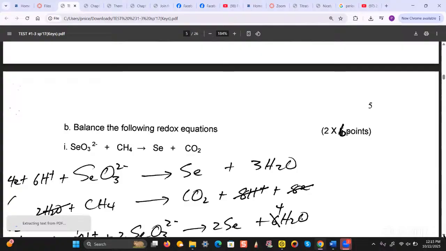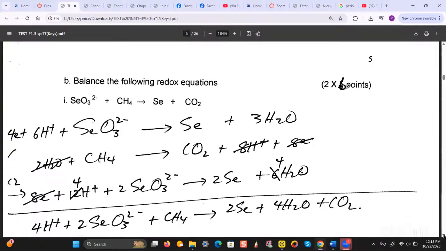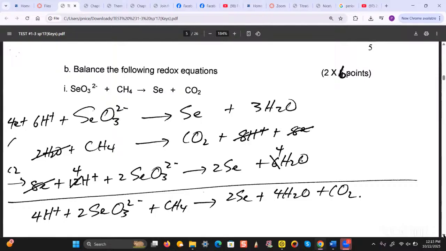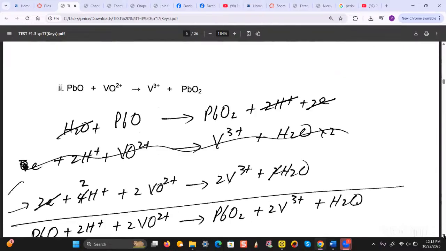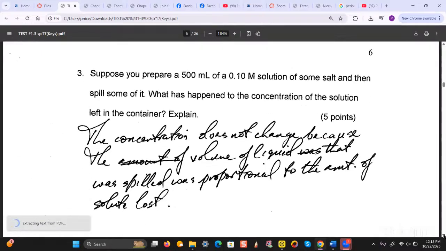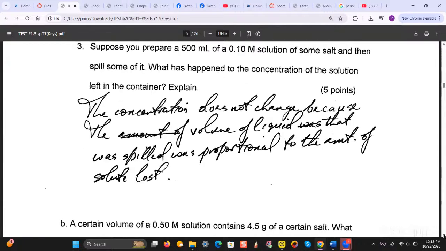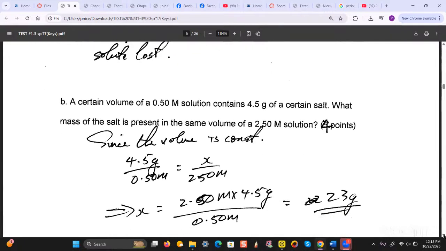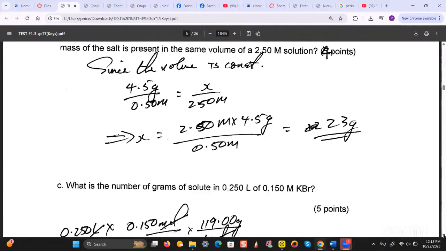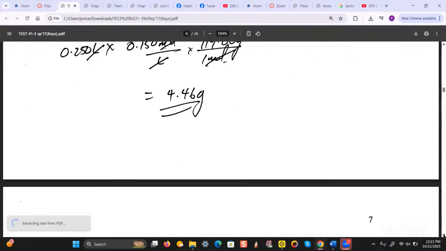Balancing redox, that's definitely going to be there, so practice balancing your redox equations. Okay, this one is a concentration type problem, so yes, that type of question can be there.